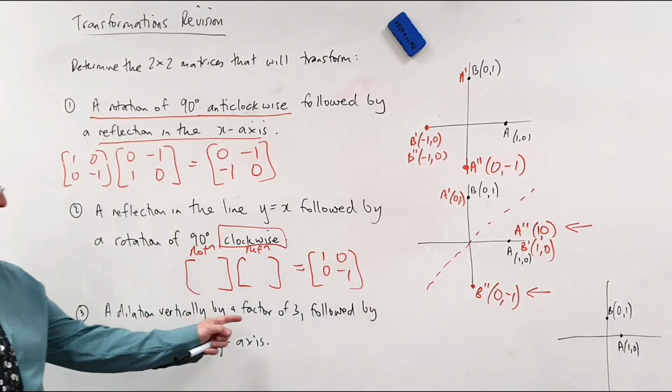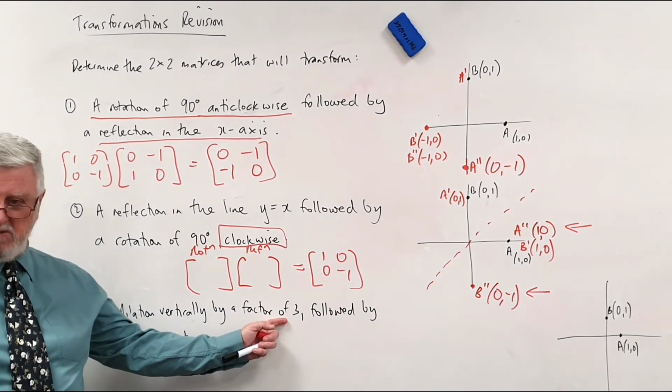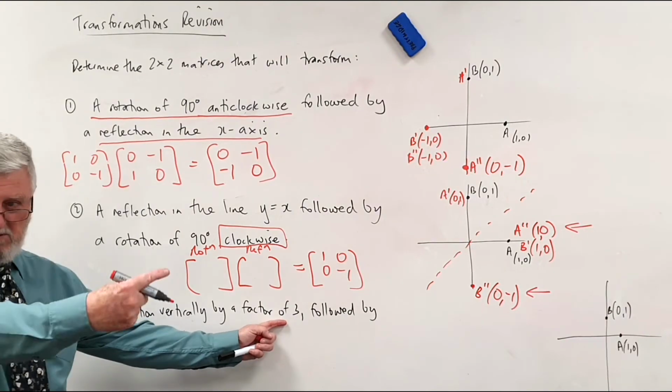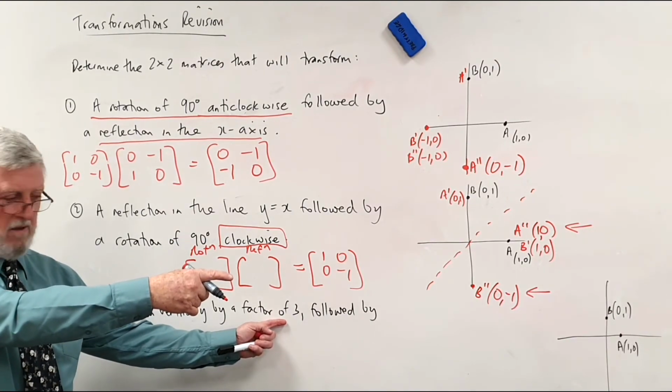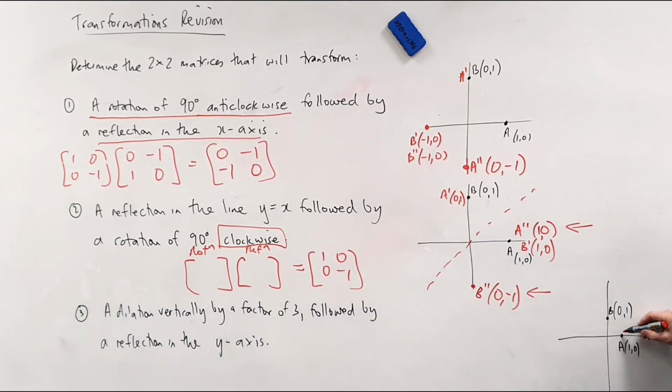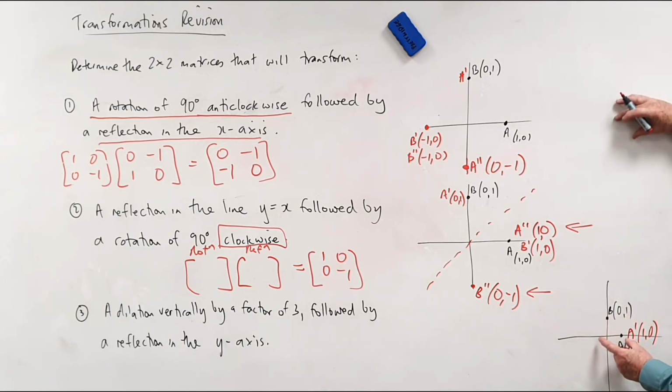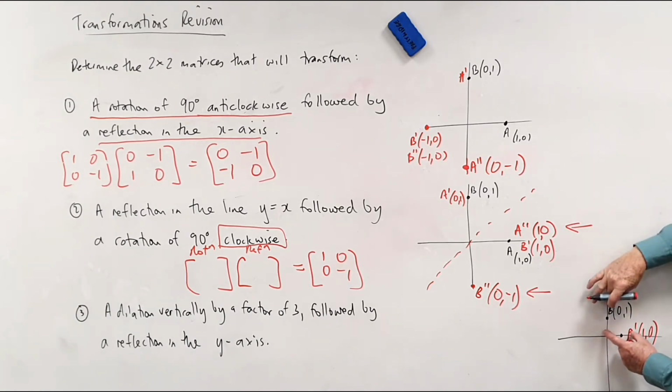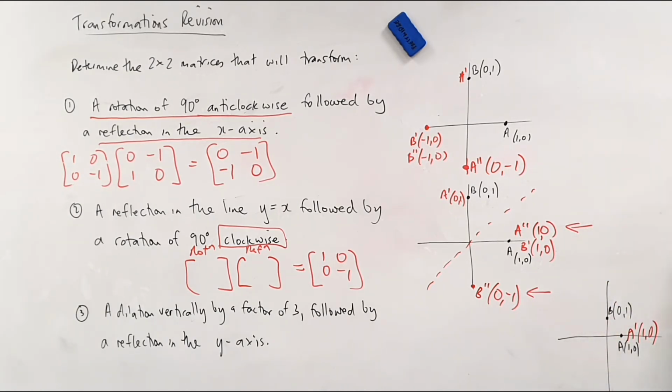Dilation vertically by a factor of 3. You could memorise what that was, but I want to do it as a diagram. So what happens to A? When it gets to A dash, it stays the same, 1, 0. What happens to the B? 0, 3.